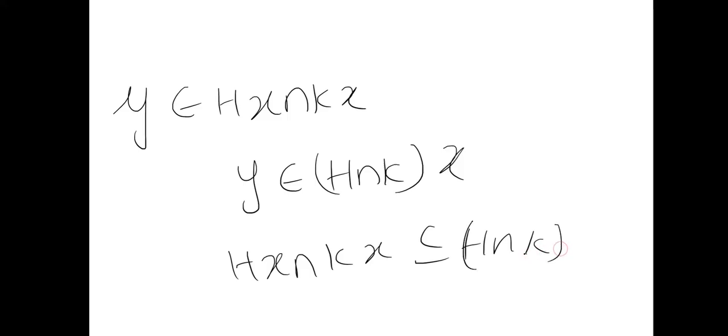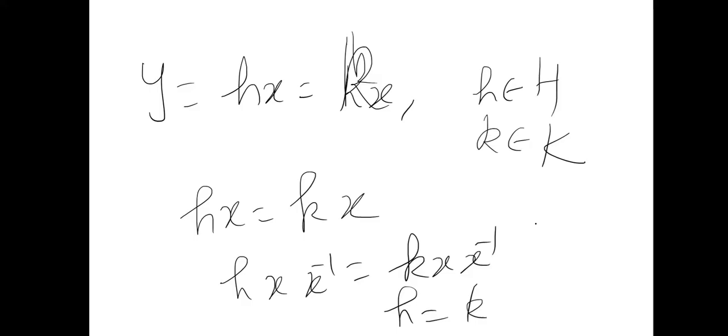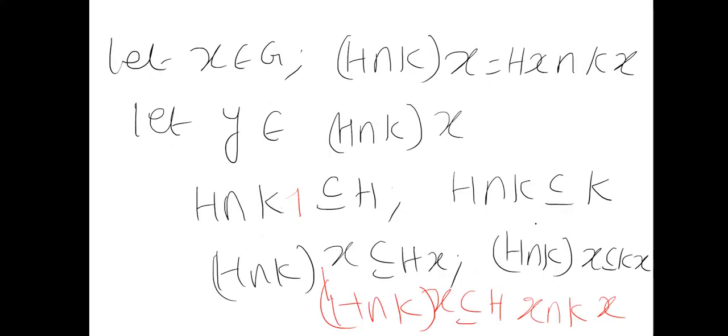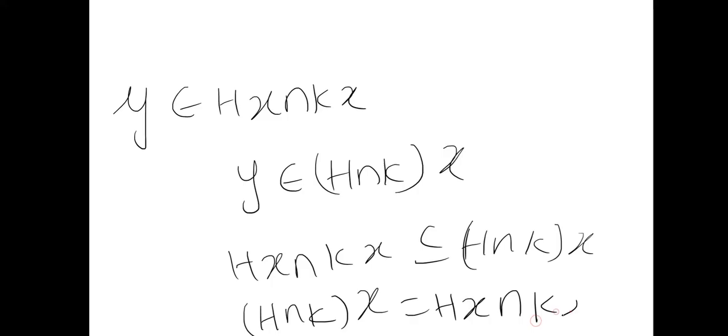If you have any doubt, you can go back to the video and watch. So now we have already proved H intersection Kx is a subset of Hx intersection Kx, and we have the other way around also, for every x and g. That is, we have actually proved H intersection Kx is equal to Hx intersection Kx.